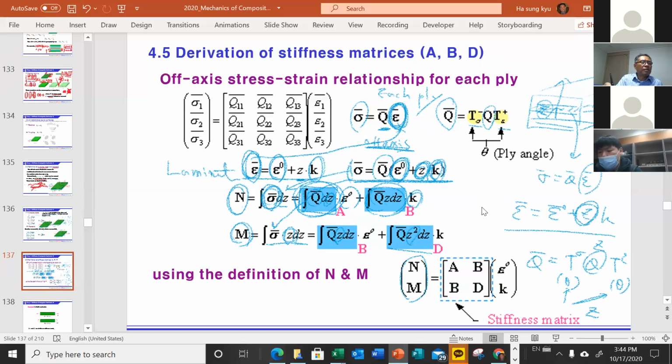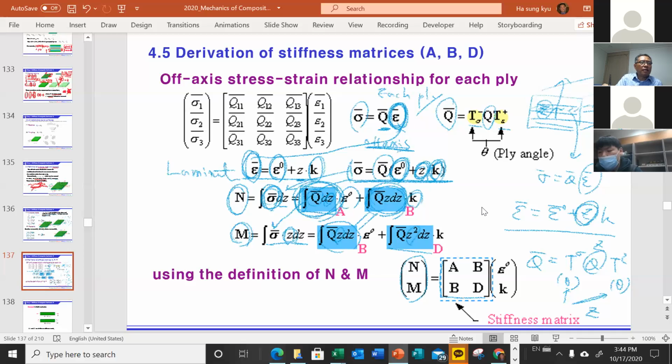So this N and M is in matrix form, and ABD, right? This is A, B, B. This happens to be the same. Well, not happens to be. There's physically always symmetric.